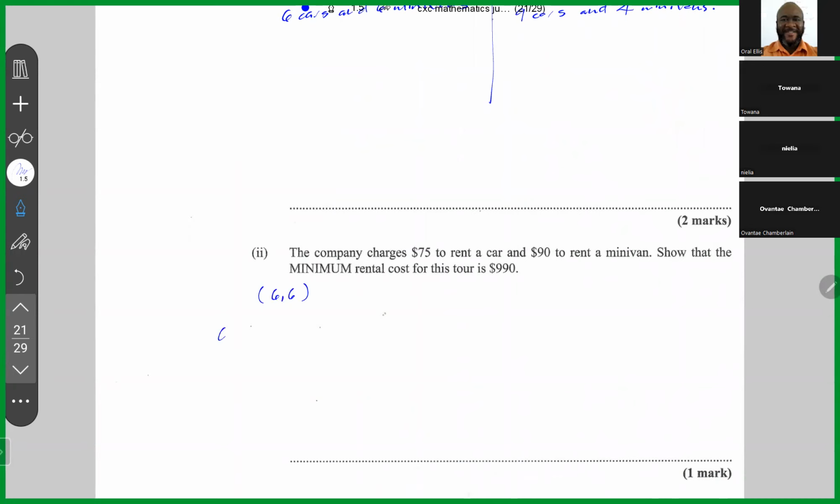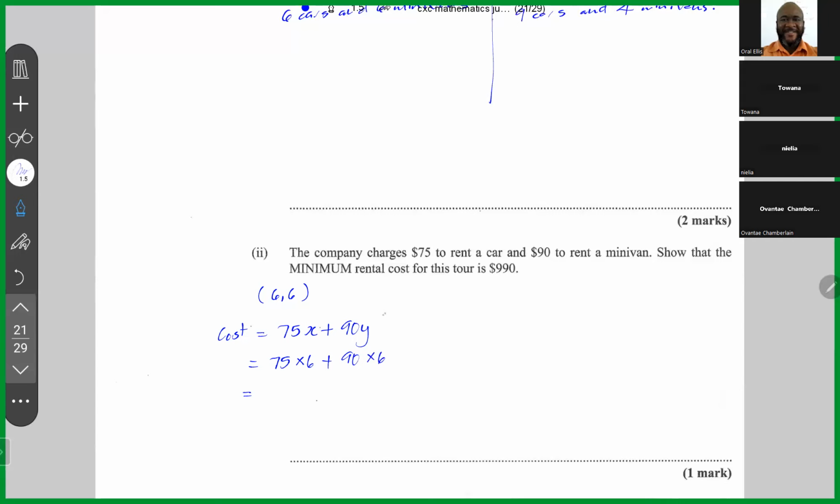The cost would be 75x, because it's $75 for the car, plus 90y. So for 6, I have 75 times 6 plus 90 times 6.